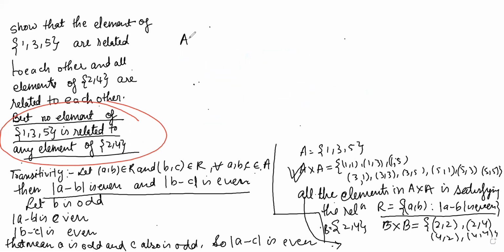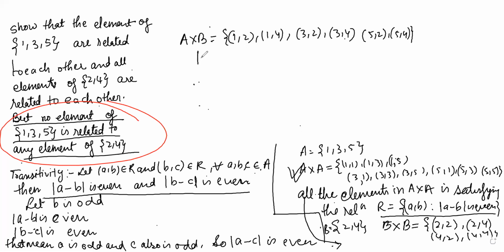Beta, when you write A cross B, what elements will come? 1 2, 1 4, 3 2, 3 4, 5 2, 5 4. Okay, now beta, 1 minus 2 will become minus 1, which does not belong to the even numbers.